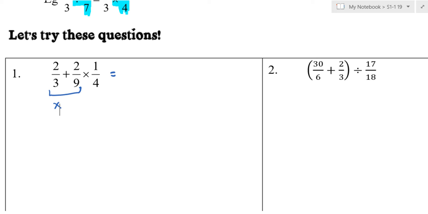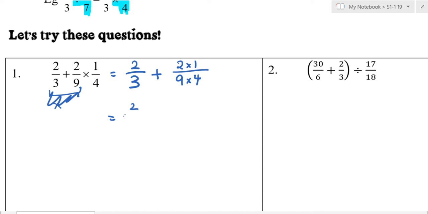Can you follow? Abhishek, second and third one means I will copy the 2/3 plus 2 times 1 over 9 times 4. Abhishek, recall your primary school. What can I do to the 2 and 4? Do you still remember how to simplify?